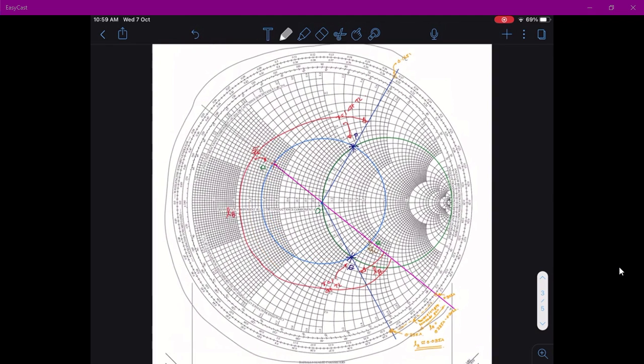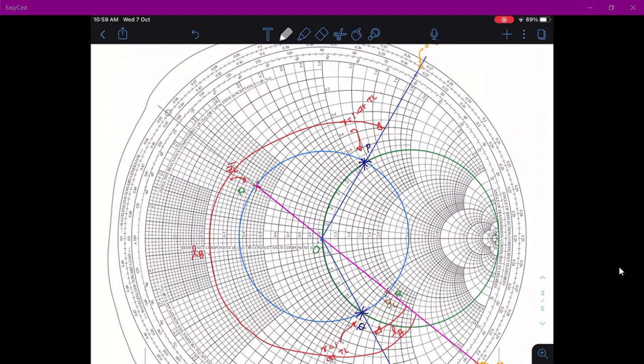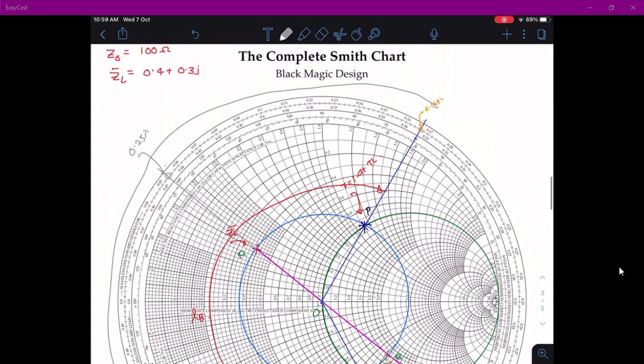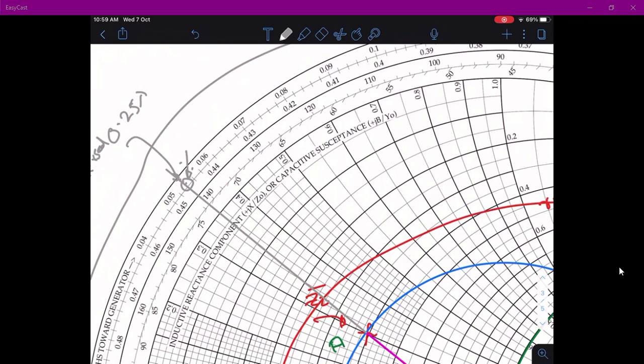So at this point you have traversed 0.25 lambda, and the point here is 0.055 lambda.